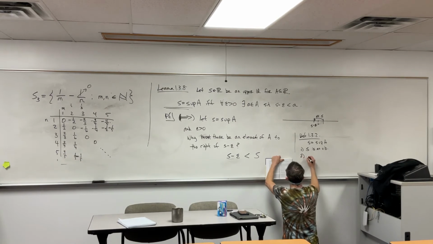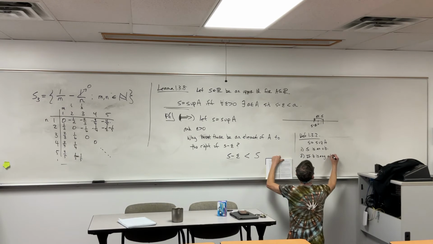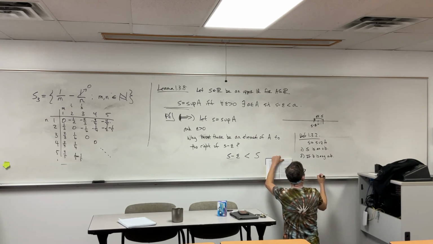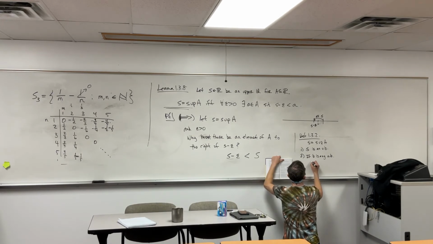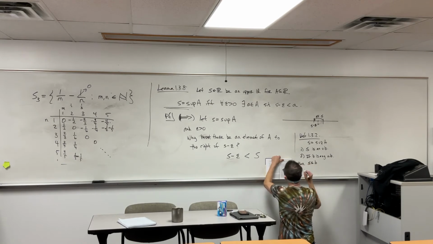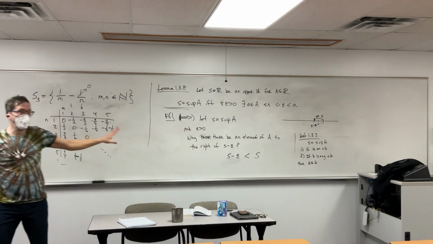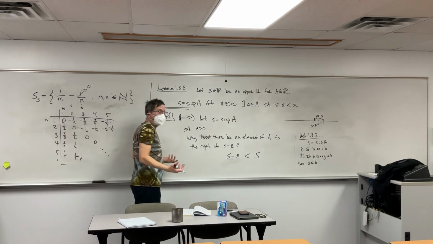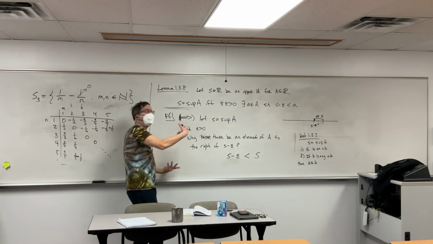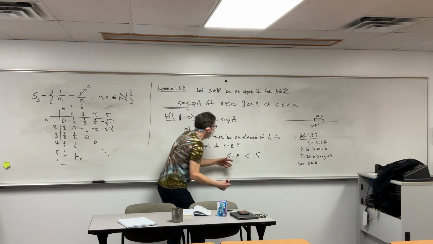And two, that if B is any upper bound for the set, in other words, it lives to the right of everything in the set, then it has to be to the right of S. So this definition 132 is plain now. It's really the only thing we have to work with, because we're trying to come up with a new definition for sup, and that's the only one we got.